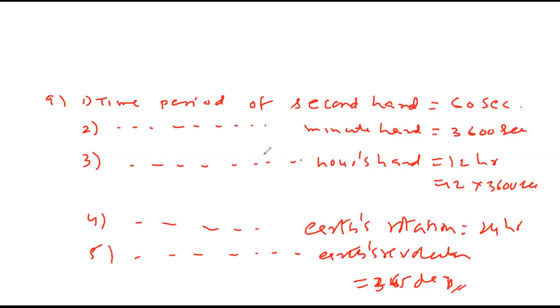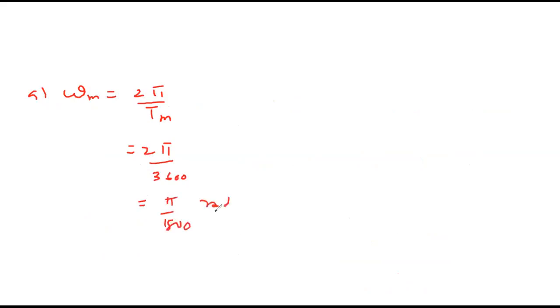Answer. Now we'll read this. We want the angular speed of the minute hand. So angular speed of the minute hand is 2 pi by the time period of the minute hand, which is 3600 seconds. So this becomes pi upon 1800 radian per second.